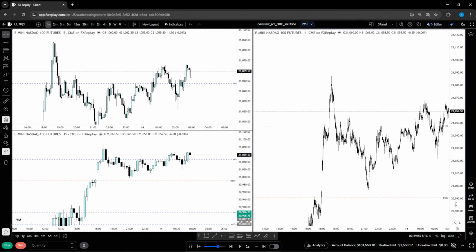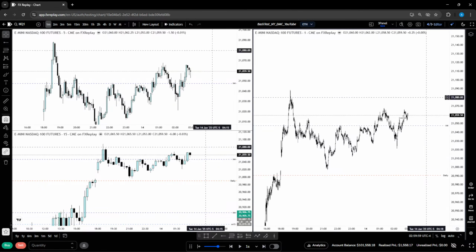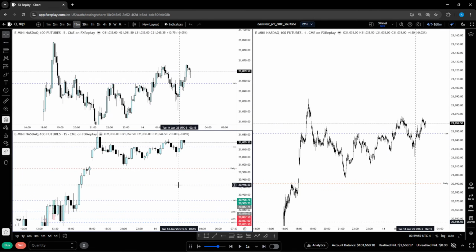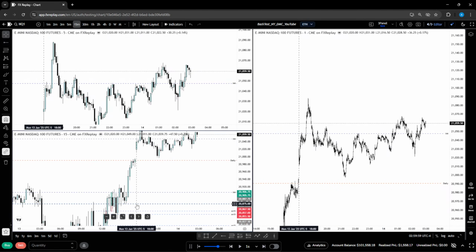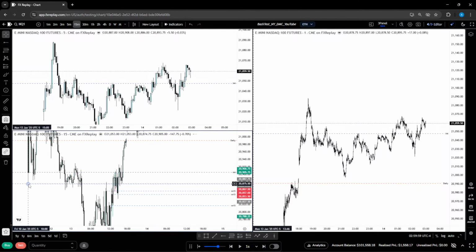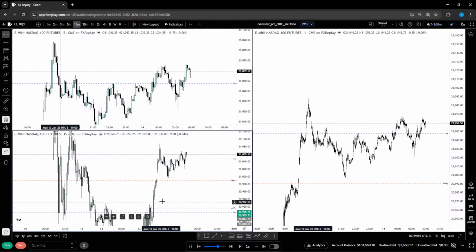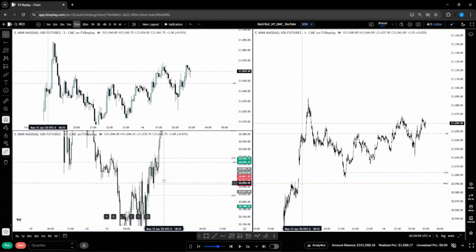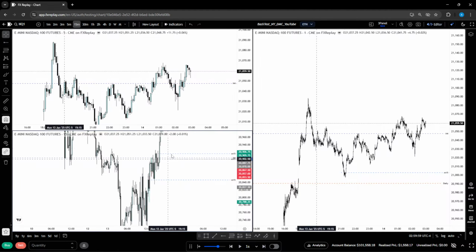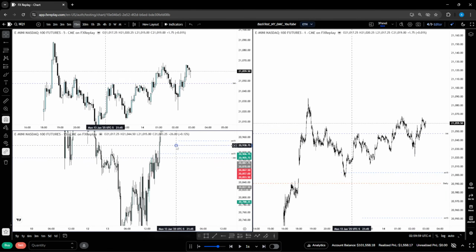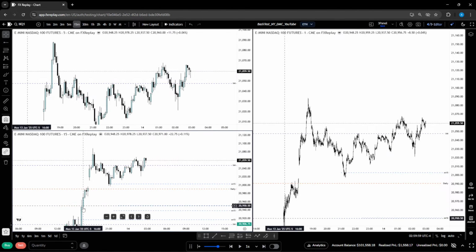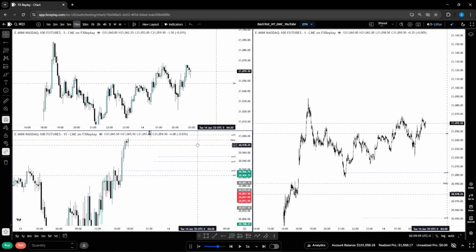So you're basically hovering around the 4-hour level. As for 15-minute levels, updating 15-minute levels using the ones we had. So we moved up.